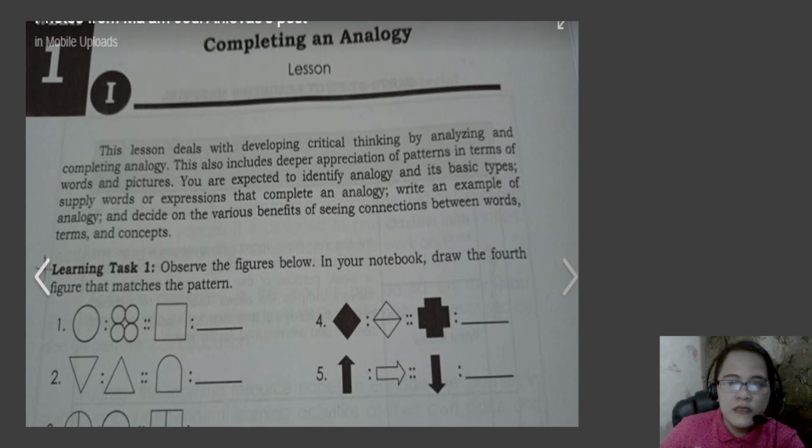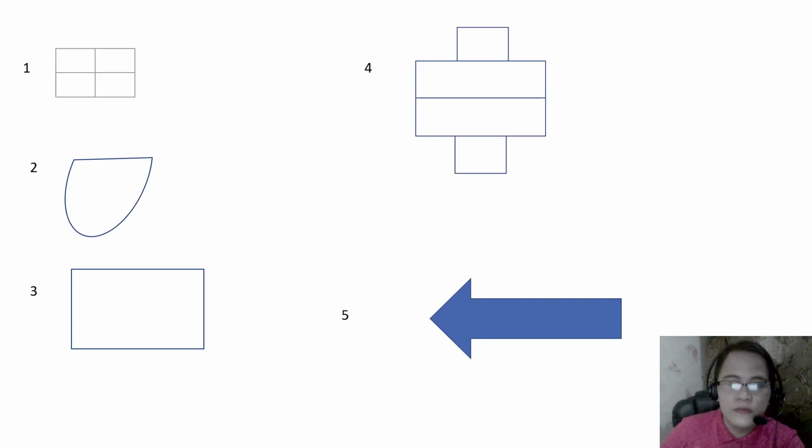So, let's look at the answers. For number 1, ang sagot ay 4 na squares. Diba? For number 2, ang binaliktad na swelas, ang kasunod niyang pattern ay syempre yung ibinalik sa dating ayos.